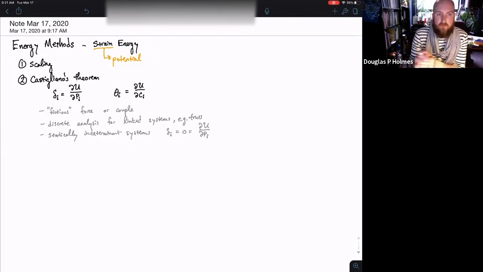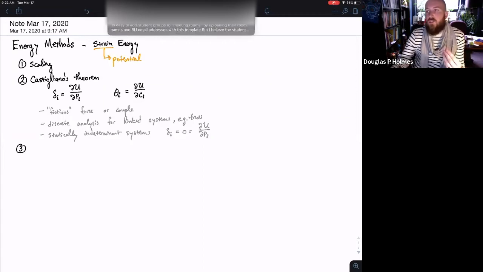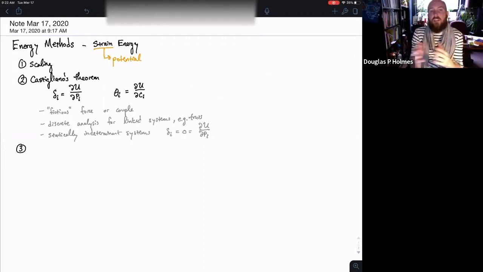So now we're moving on to something new. It's still energy methods, still approximate energy methods, but it's based on the idea that everything in the universe is striving to minimize what's called the action.